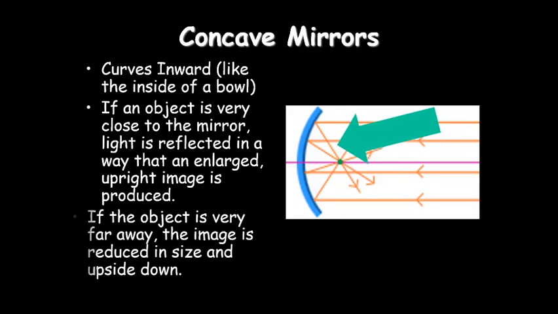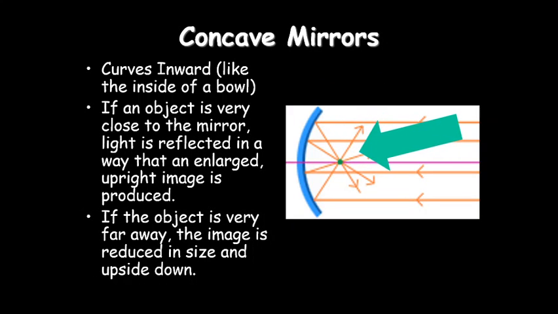So here you have your concave mirror. The concave curves inward like this. The way I like to picture it, it's like you're gonna go into a cave, right? So concave mirror curves inward like the inside of a bowl. If an object is very close to the mirror, light is reflected in a way that an enlarged upright image is produced.